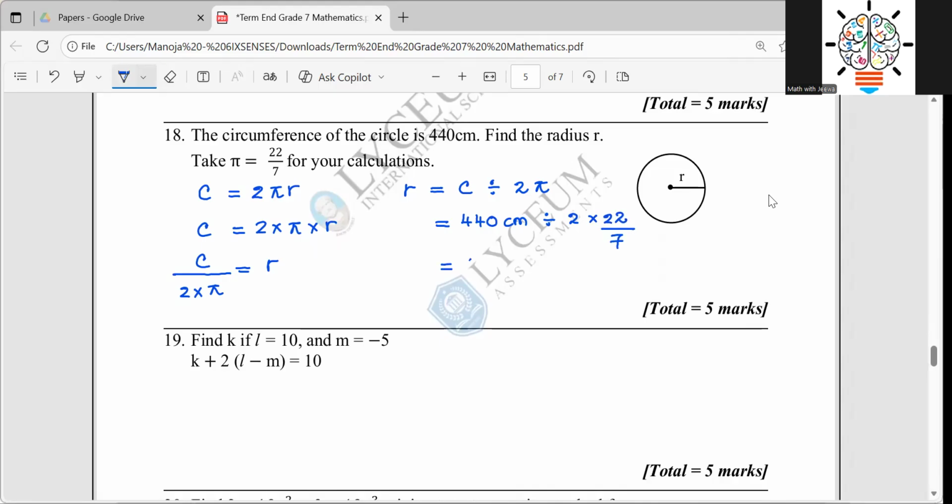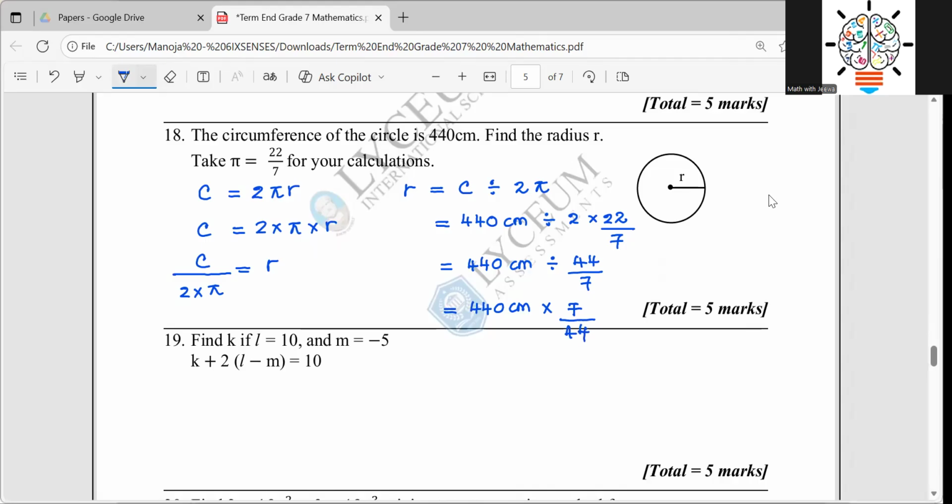Then I can write 440 centimeters divided by 44 over 7. Then I can write 440 centimeters multiplied by 7 over 44.